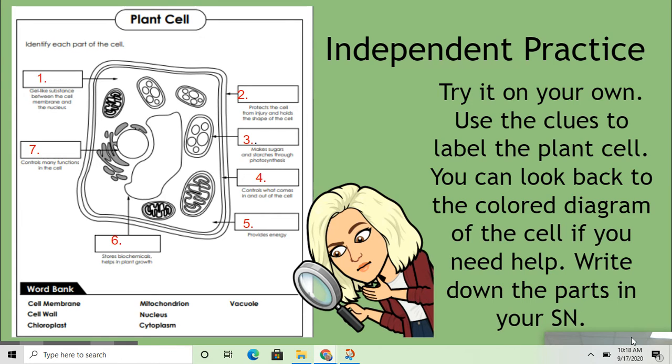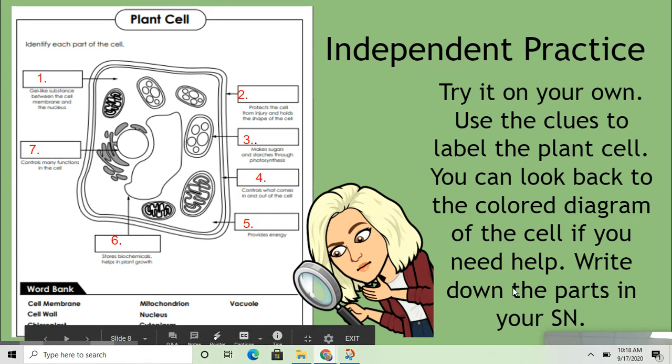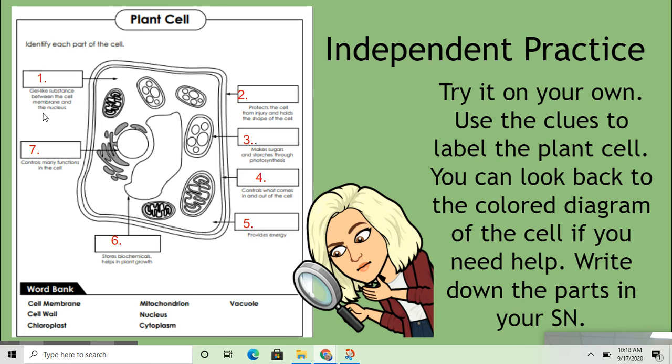Then I want you to read the descriptions of the plant cell. For number 1, you'll write down what you think it is. Number 2, number 3, number 4, number 5, number 6, number 7. Now, let's talk about spelling these big words correctly. I know they're words that we're not familiar with.